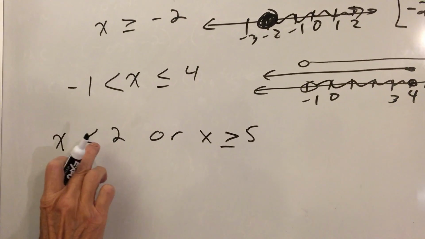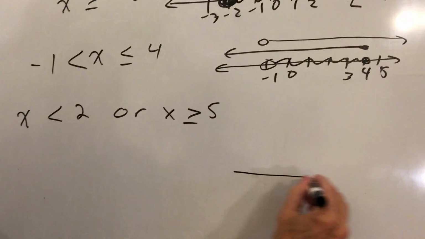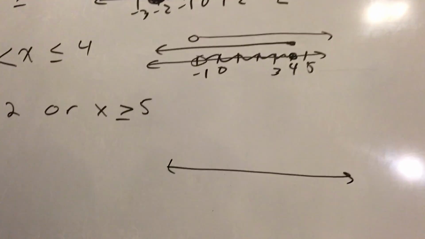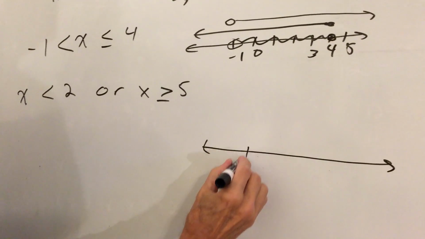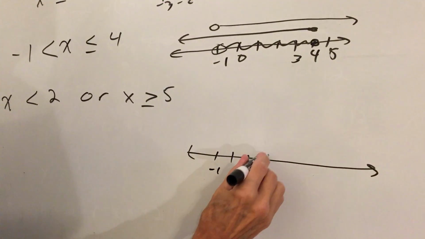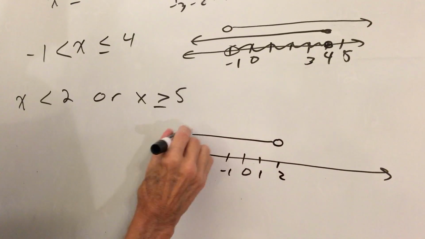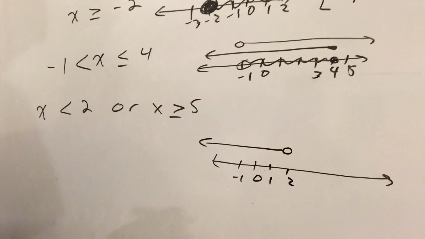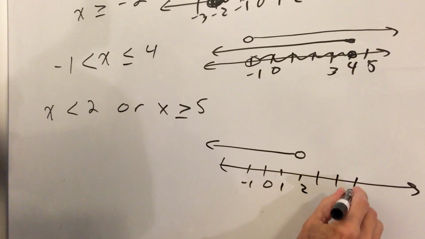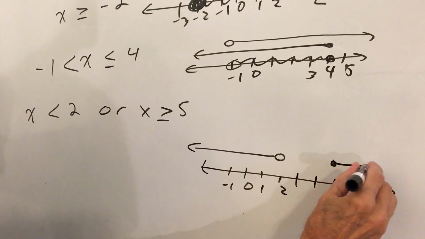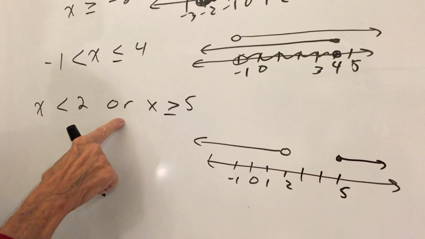Finally, this says x is less than 2 and greater than or equal to 5, and the conjunction is "or."